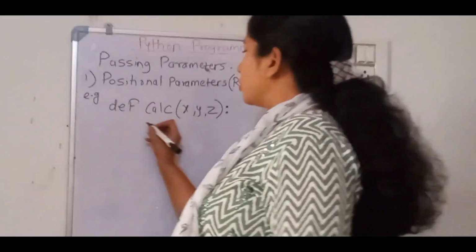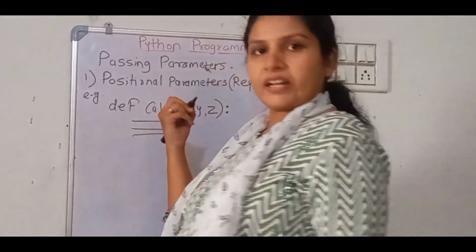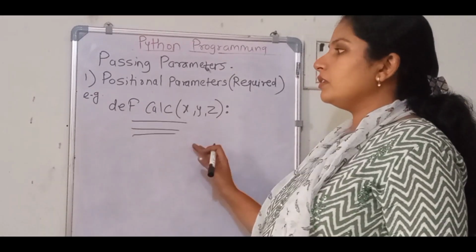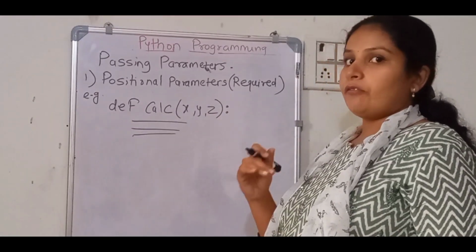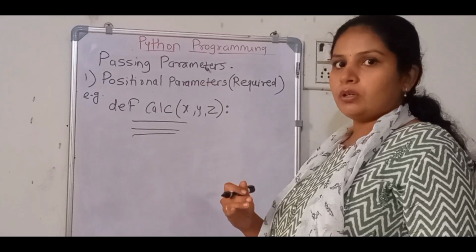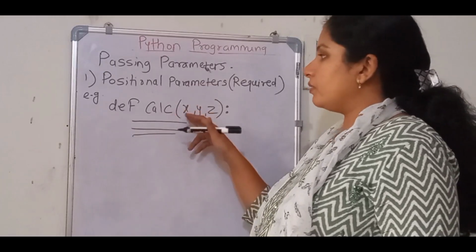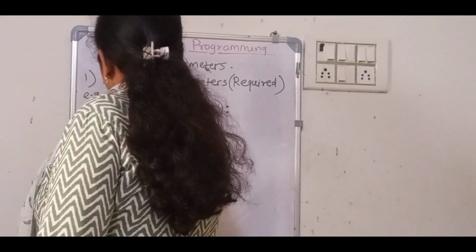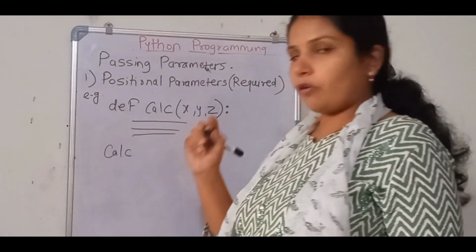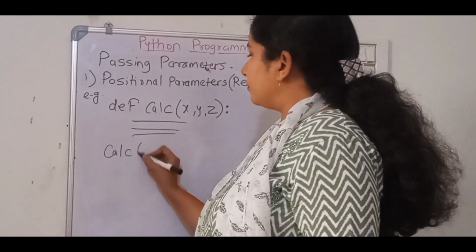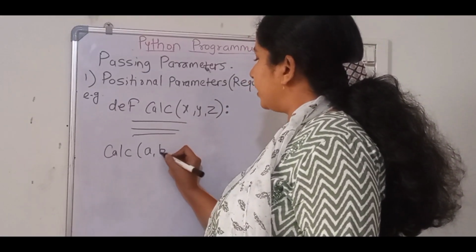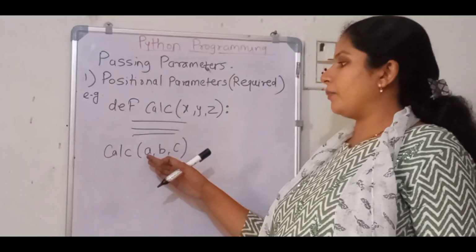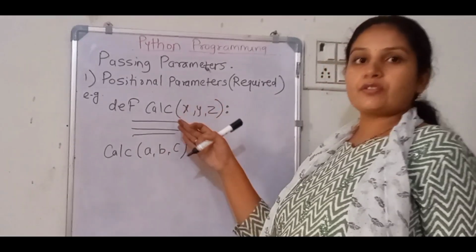So this is the definition. Here some statements will be there for the definition part, and then while calling the function, when I am giving the value on that particular position, how it looks: calci, my name of the function, and here a, b, c. I am calling the function, I am passing a, b, c to x, y, z.